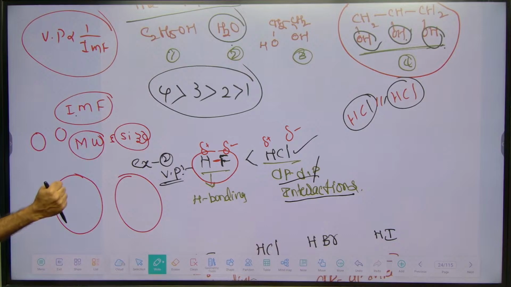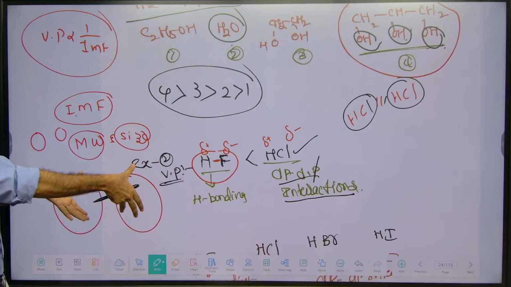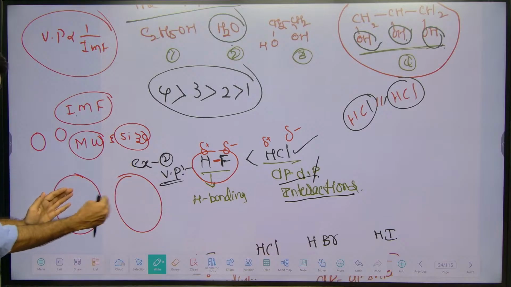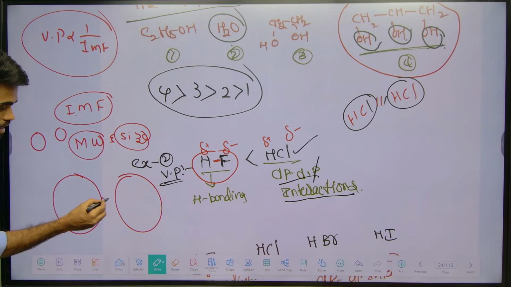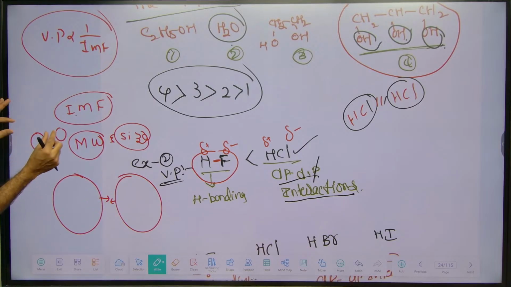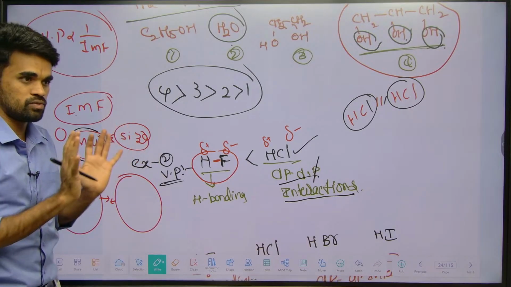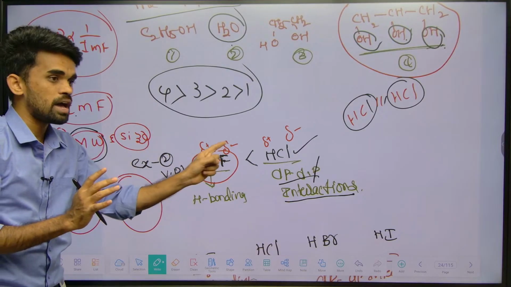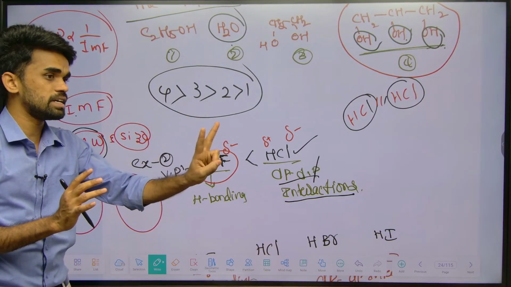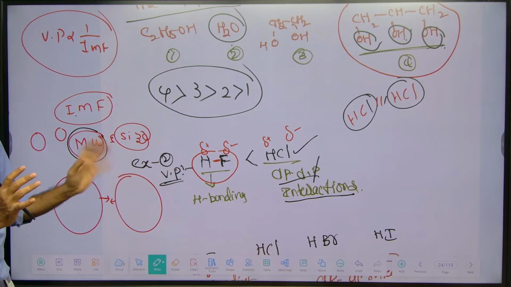Now if there are big molecules, do they have more surface area in contact or not? Look at the area of contact: if you place them side by side they will be closer, but here they are occupying very little space. So more size or more molecular weight means more intermolecular forces. First, check whether any polarity is there or not. Second is size: bigger size, more intermolecular force.